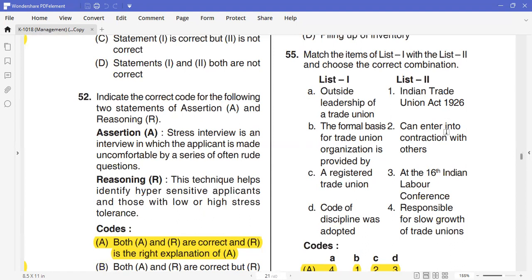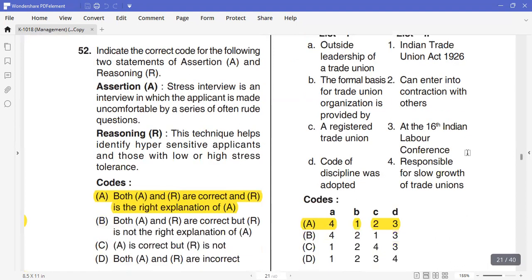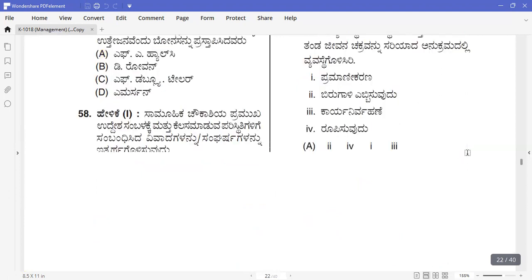C is 2: a registered trade union can enter into contracts with others. And D is 3: the Code of Discipline was adopted at the 16th Indian Labour Conference. So for the 55th question, A is related to 4, B to 1, C to 2, D to 3. Therefore the correct option is A.